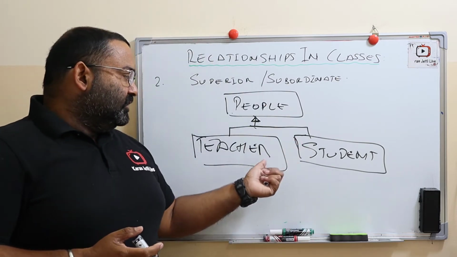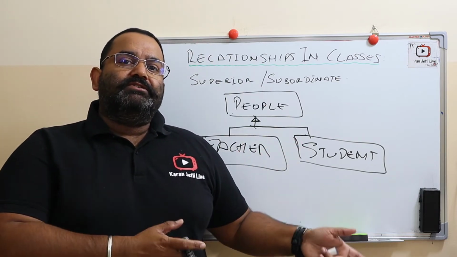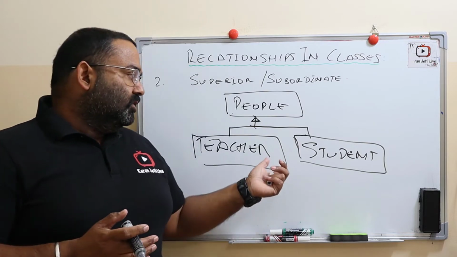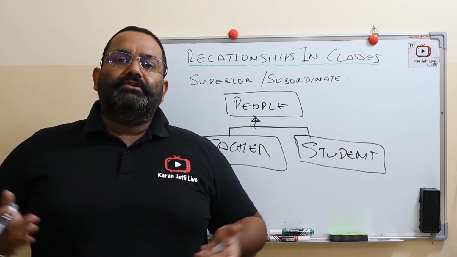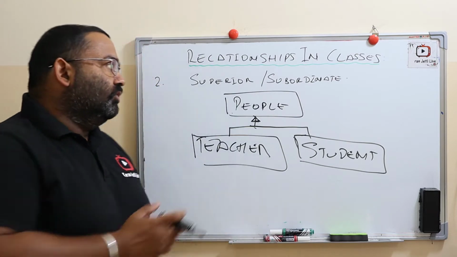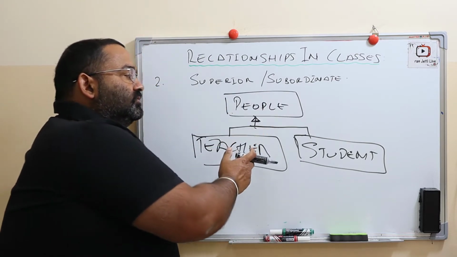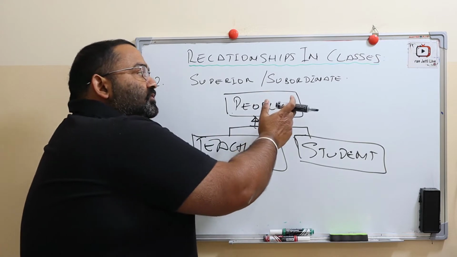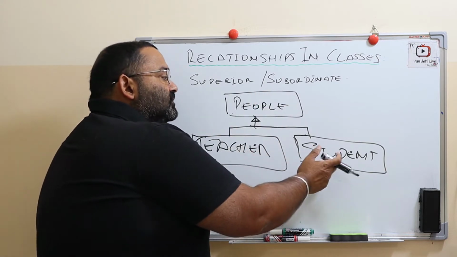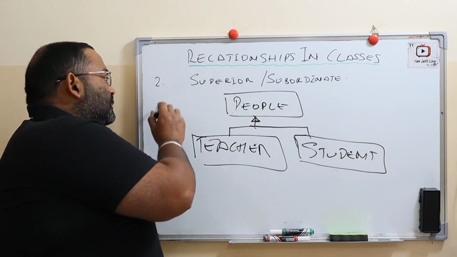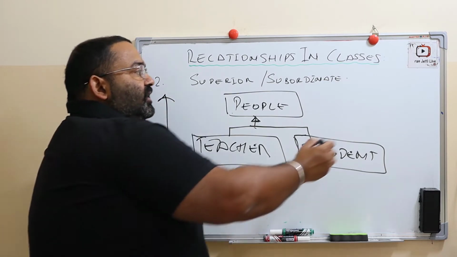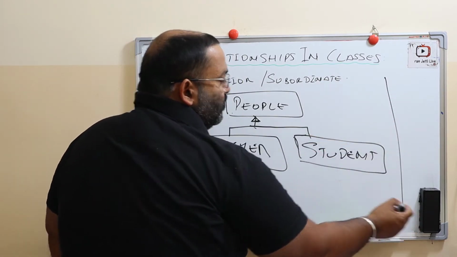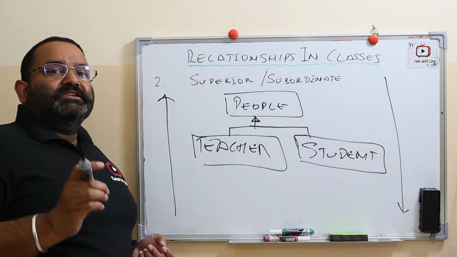Other than that, a person can have specialized qualifications which can make him a teacher, or a person can study in a college or a university which can make him a student. So what is this? This is a superior, this is a subordinate, this is a super class, these are the subclasses. And if we go from bottom to top, we call it generalization, and if we come from top to bottom, we call it specialization.